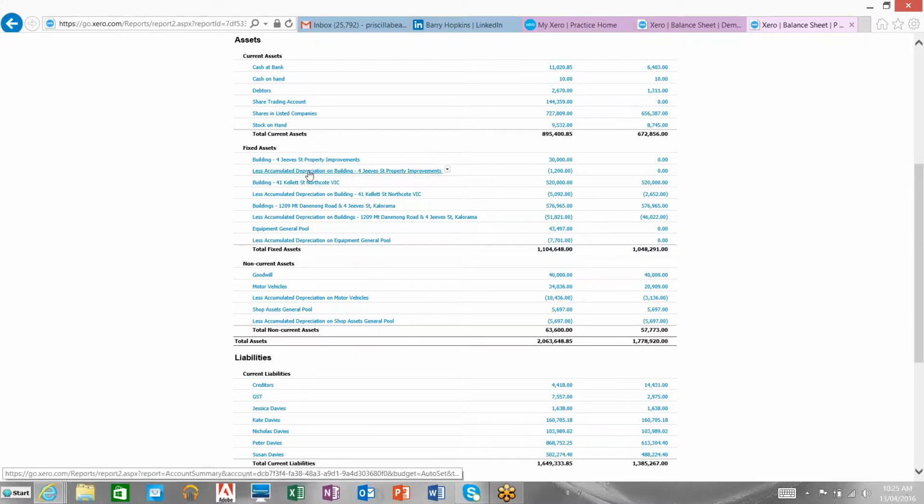Now, when we go to less accumulated depreciation on any asset, this comes up with a minus. This is a credit. This goes against the asset we're depreciating, so the asset diminishes in value. Why is it in the asset area? Why didn't we shift it to liabilities? Because we actually want to see this nicely related to each other.